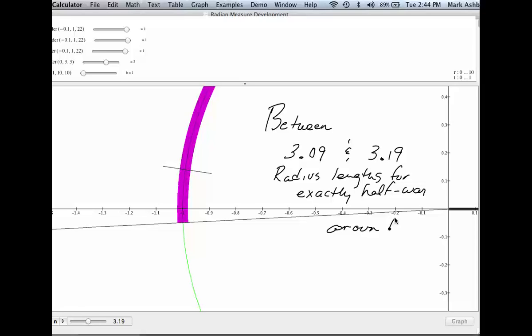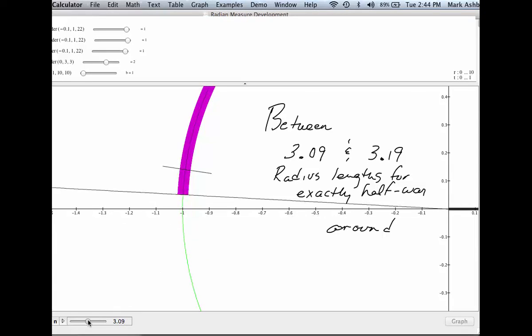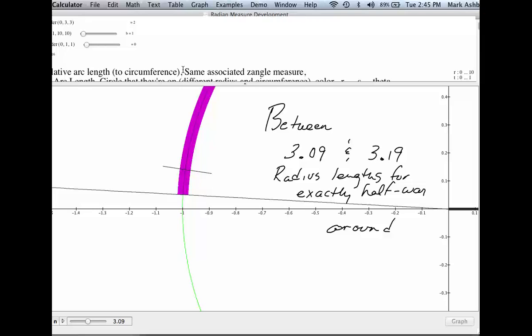And some of you are already thinking you know what it is. So to get exactly halfway around, the way I've got this set, it's got to be something between 3.09 and 3.19. Well, let's split the difference. What's halfway between those two? 3.14. Let's try that. I'm going to put in 3.14. Did we make it?